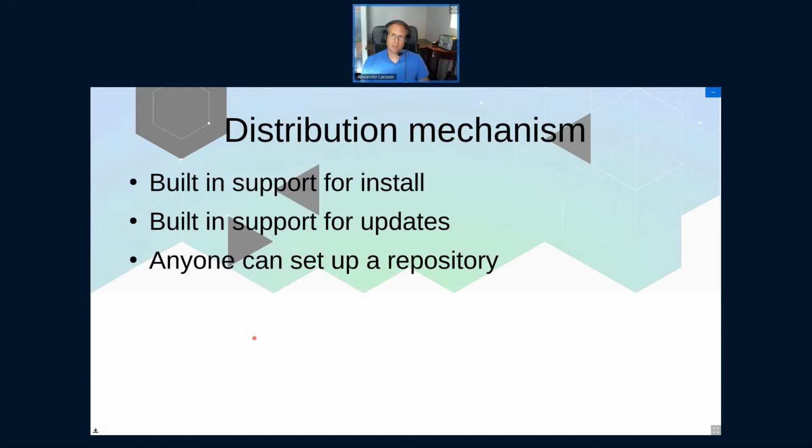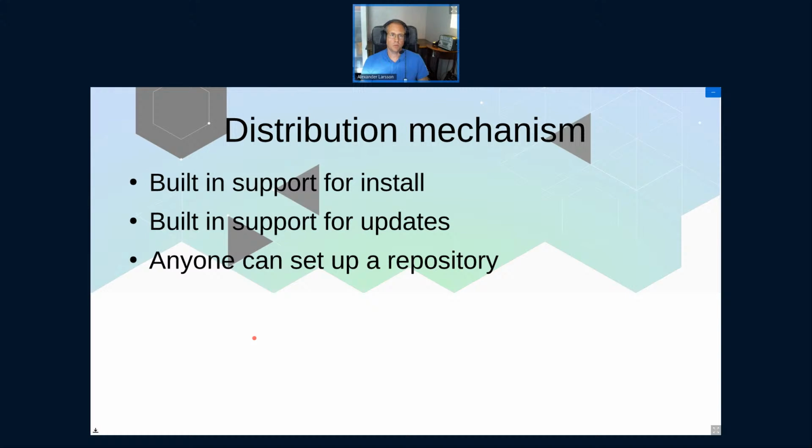It's a distribution mechanism, meaning that you don't have to download your things on the side and then install them. It's a system that can both install and keep things updated inside itself, and it's a decentralized distribution mechanism too.